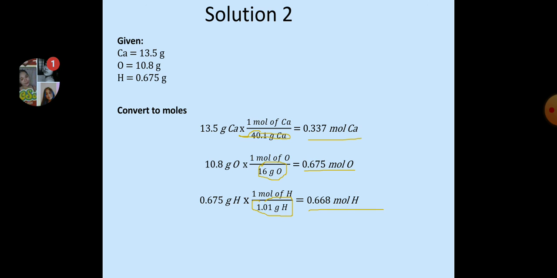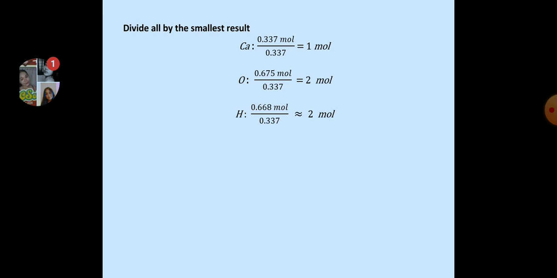After lumabas ng result, choose the smallest. So, in this case, the smallest is 0.337. Tama? Okay, so, we will now divide lahat ng tatlo sa 0.337. So, for Ca, since sa kanya value yon, expect 1. For oxygen, 0.675 divided by 0.337, 2.